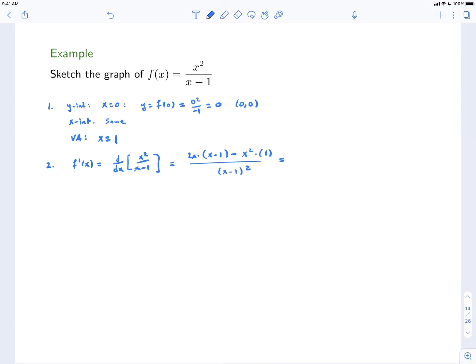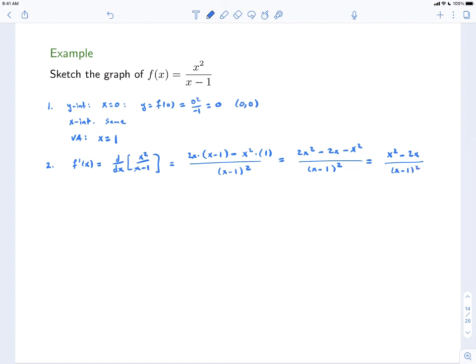So that's going to give us 2x squared minus 2x minus x squared, over (x minus 1) quantity squared. So 2x squared minus x squared is 1x squared. So we'll have x squared minus 2x divided by (x minus 1) squared.